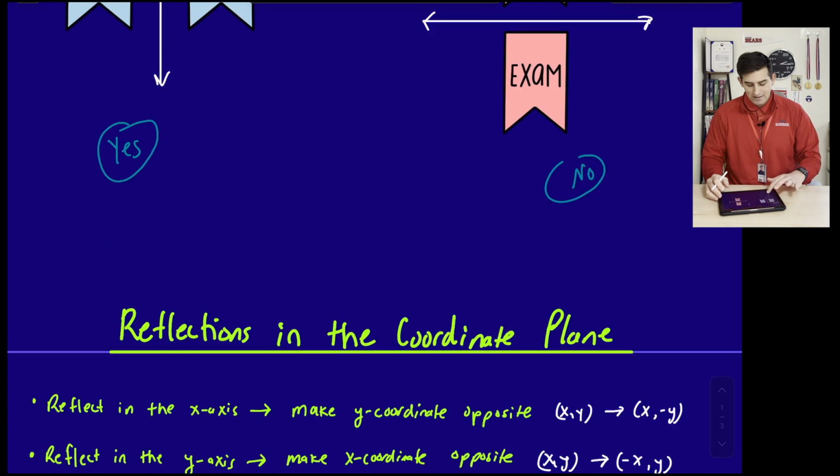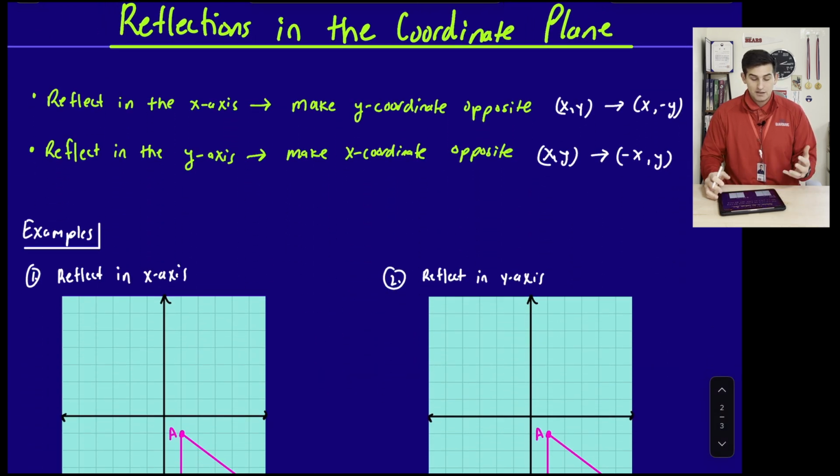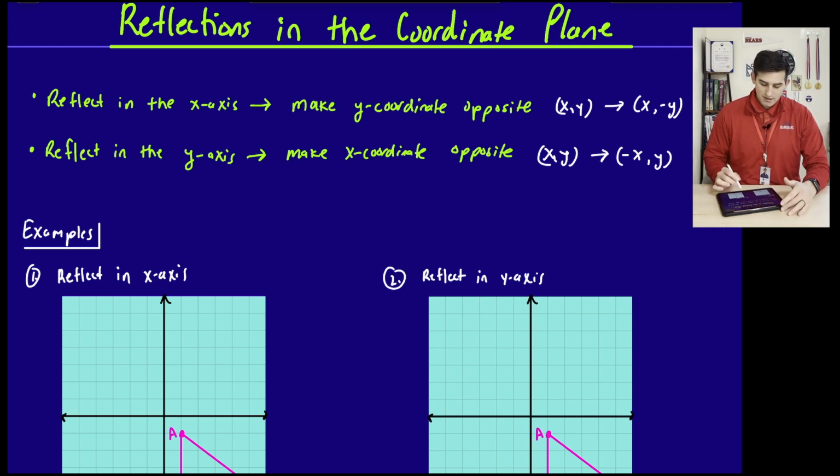All right. Now, how does this affect points actually in the coordinate plane? Well, if we reflect in the x-axis, so that's like taking a shape or a vertex from one of the bottom two quadrants and flipping it up to the top, or vice versa. Okay, so what that's going to do is it's going to make our y coordinates opposite, right?